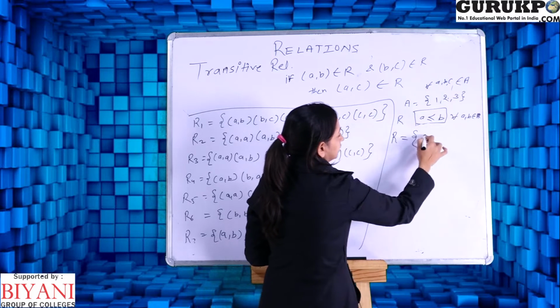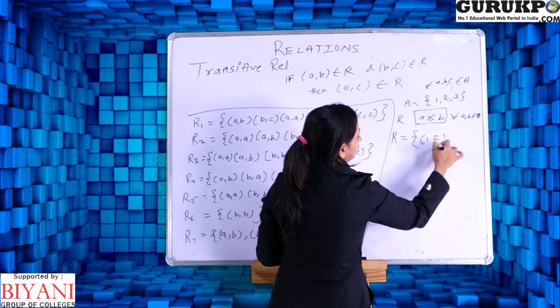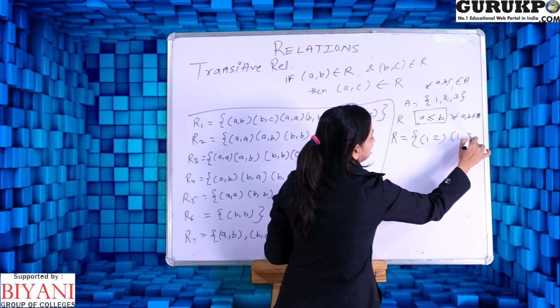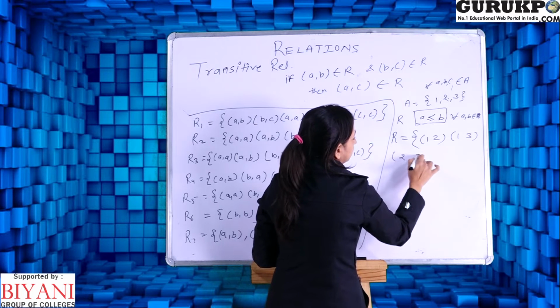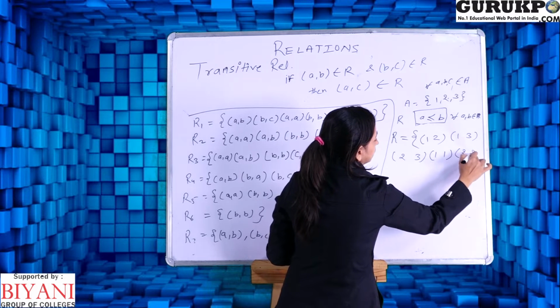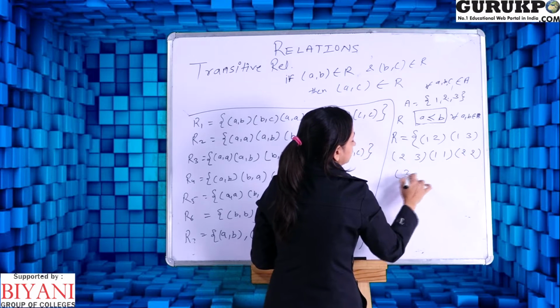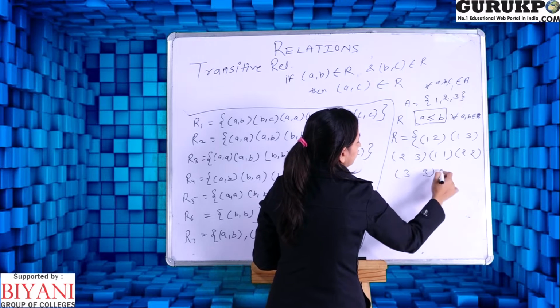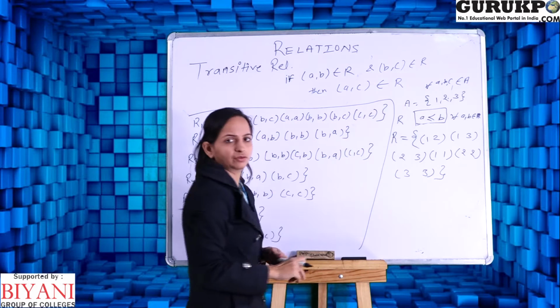What will be the set? 1 is less than 2 and 1 is less than 3, 2 is less than 3, 1 is equal to 1, 2 is equal to 2 and 3 is equal to 3. So this will be my set of relation.